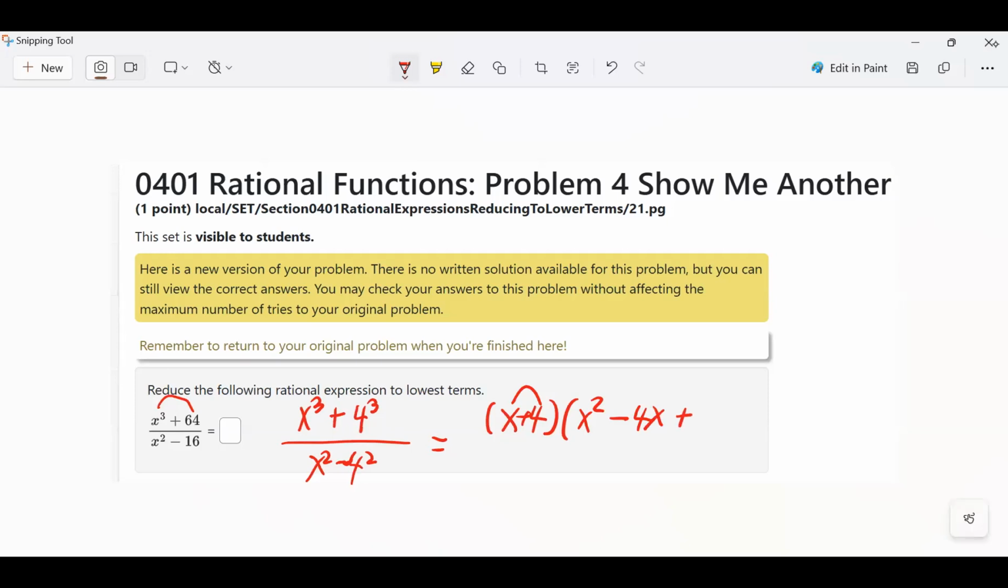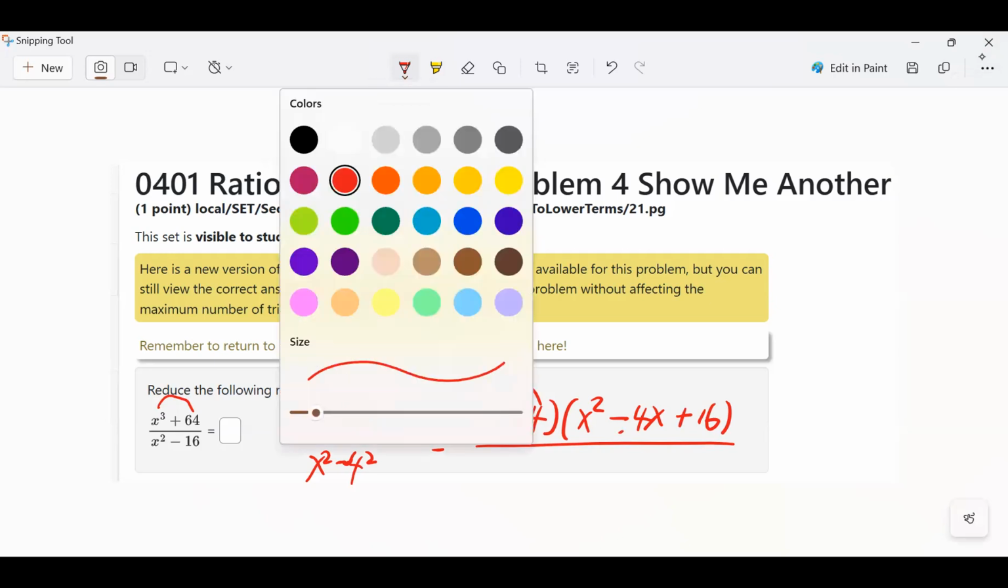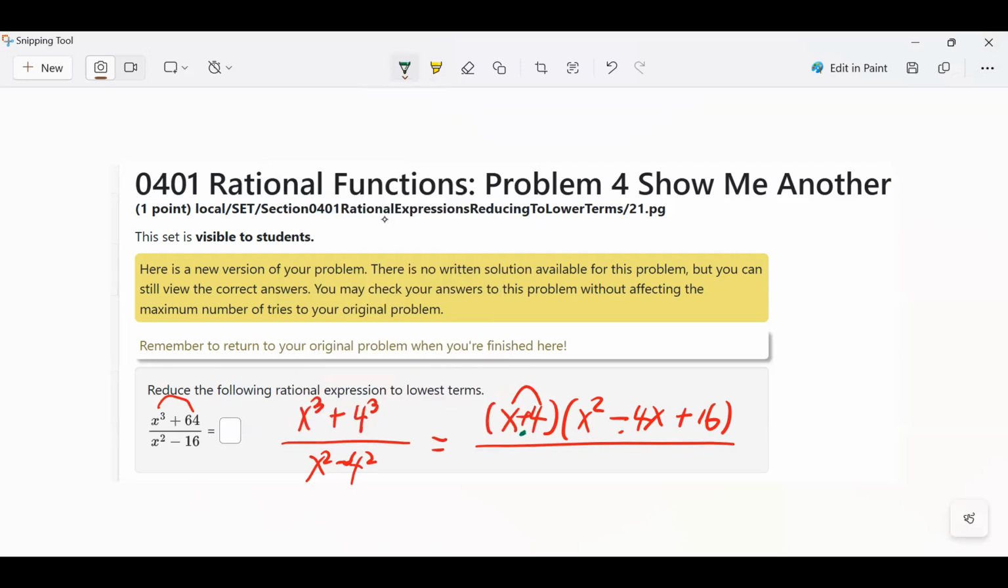The third term will be 4 squared, which is 16. And that's how you typically factor the sum. If it's a difference, I'll show you in a second, but this is the sum. So the first sign here is positive, and this one is minus. That's a very important thing to remember.